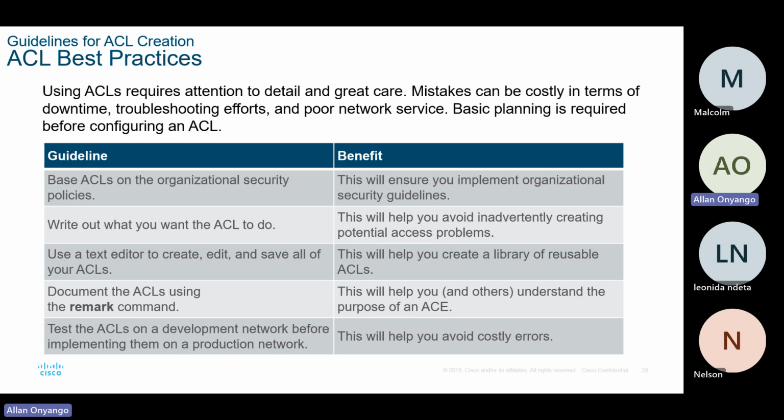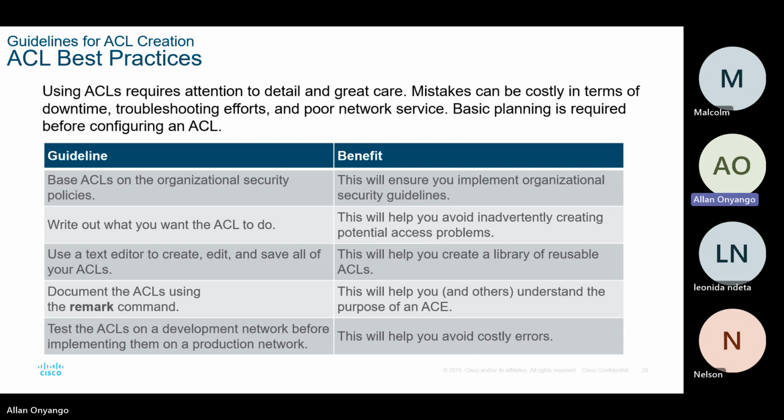Number two, when you want to implement ACLs, first write down what you want them to do, because this is going to help you avoid potential mistakes or security or connectivity problems. Normally use a text editor to write, create and even save all your ACLs, because you're going to need to reuse them some other time. Also document your ACLs using the command remark. Like in programming, we document our code by giving an explanation of what the code does.